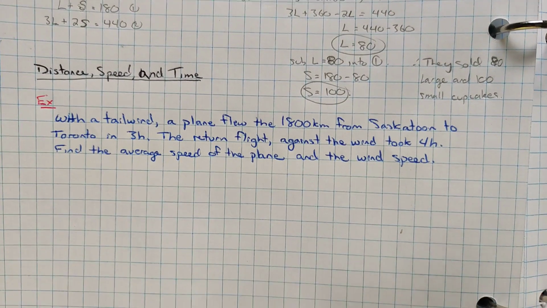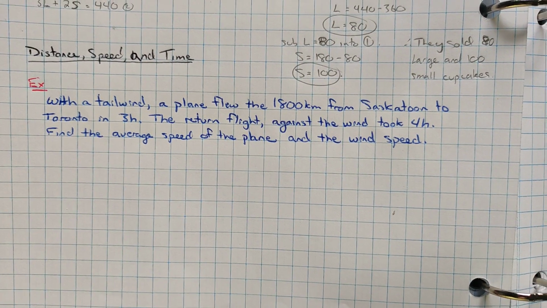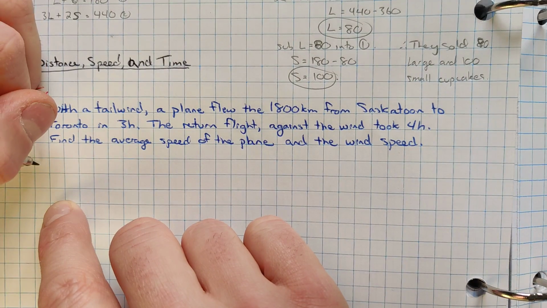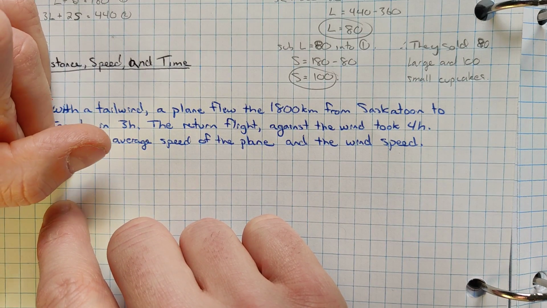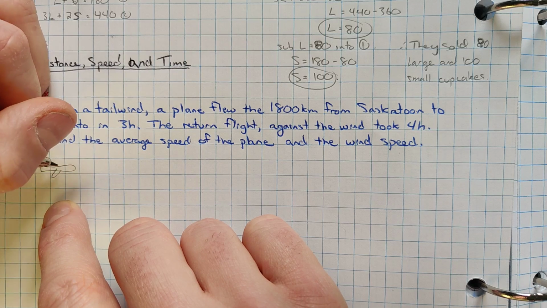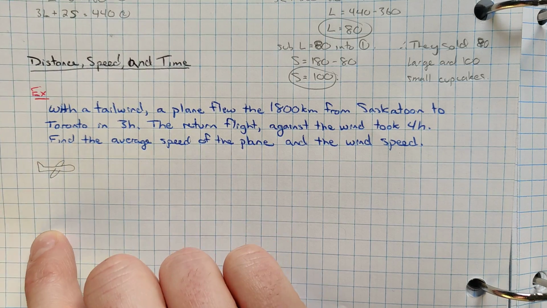Another common type of question is working with distance, speed, and time, especially if you're moving with a plane or a boat where you have some resistance, be it wind resistance or water resistance. So if you're working with tailwind and headwind in terms of a plane, if I draw a little plane here, so here's my plane.